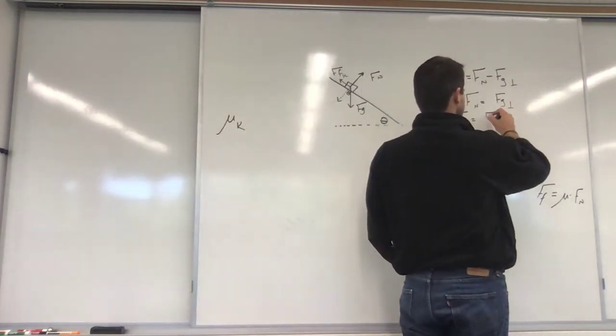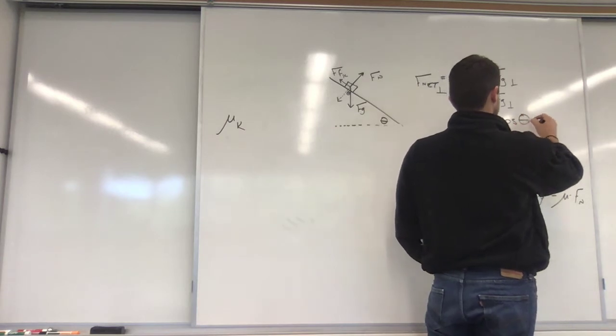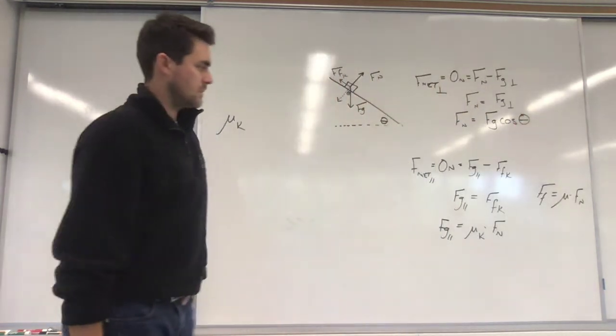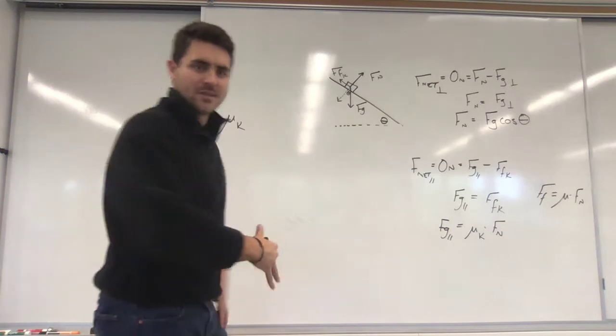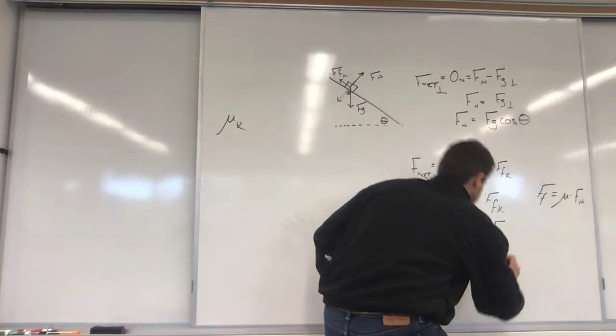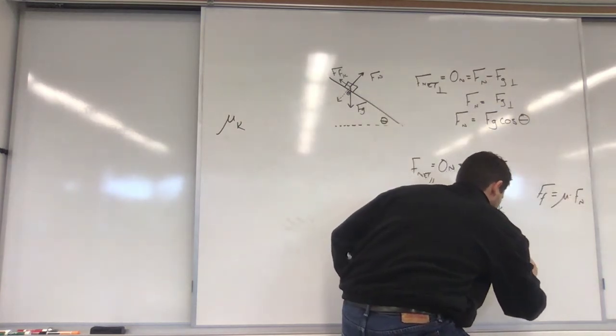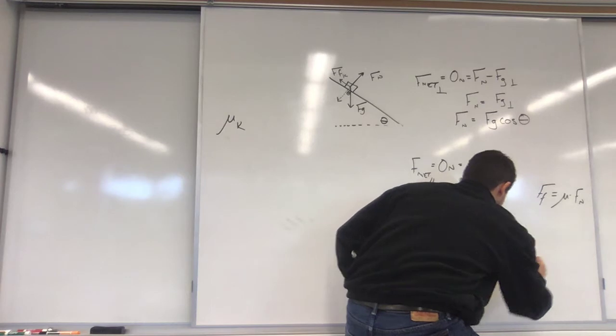Fn is going to be equal to Fg cosine theta. Okay, let's keep substituting. Mu k times the normal force is now mu k times Fg cosine theta.